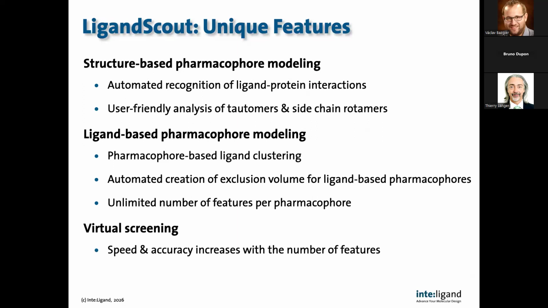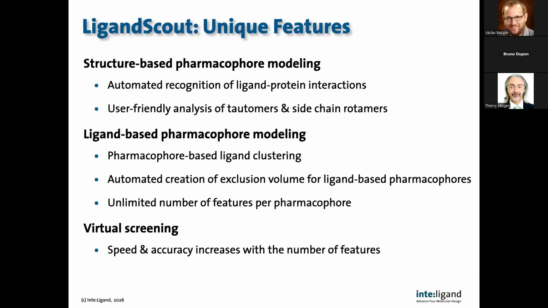And in virtual screening, it's the opposite of what you have with Glide, MOE or Discovery Studio when you do pharmacophore-based screening. The more features you have, the faster it gets, because it has a very smart indexing system that will throw out all molecules in the database that cannot possibly match.